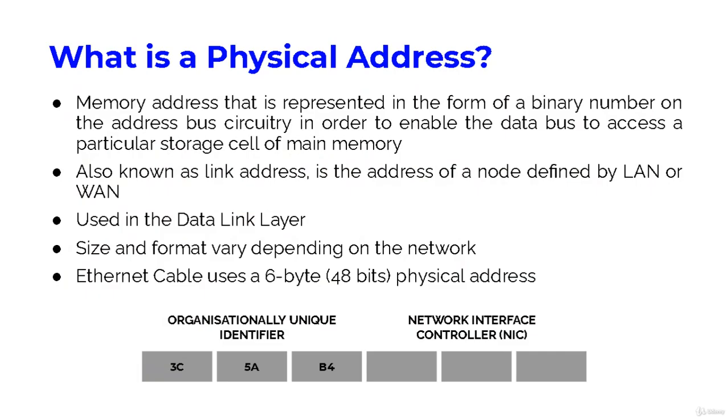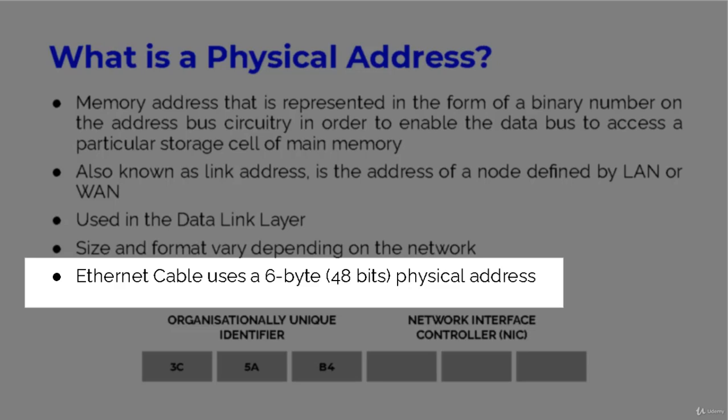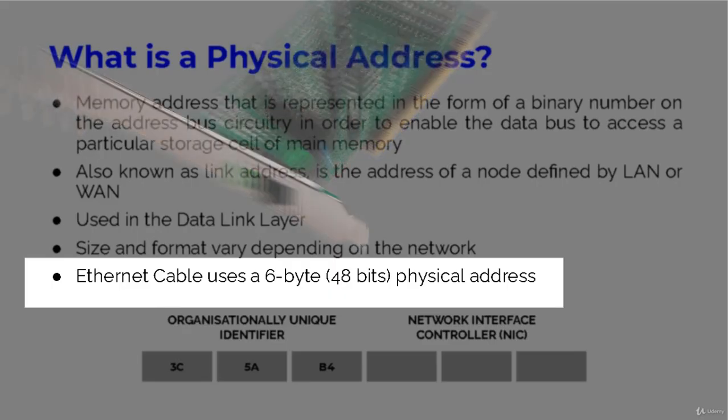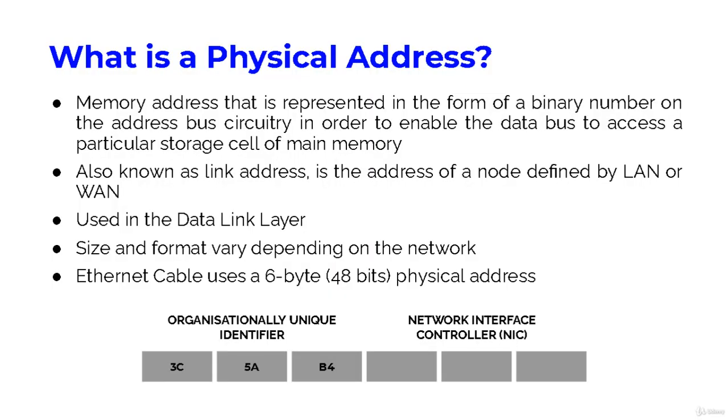The size and format of these addresses vary depending upon the network. For example, Ethernet uses a 6 byte, which is equivalent to 48 bits physical address that is imprinted on the network interface card, that is NIC. Local Talk, that is Apple, however, has only a 1 byte dynamic address that changes each time the station comes up.